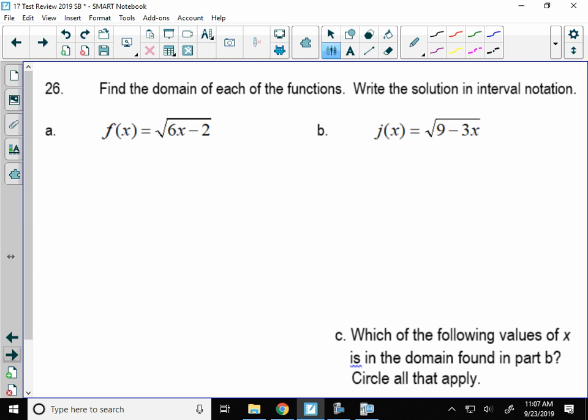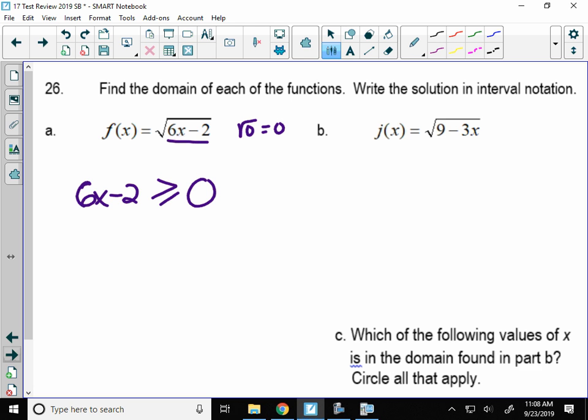All right, 26, still domain. This time I have a square root function. Now remember, we're going to take the radicand, the stuff under the radical, and we know we're going to compare it to 0. The radicand, the value under the radical, cannot be negative, so it has to be greater than 0. And it also could be equal to 0, right? You can take the square root of 0.